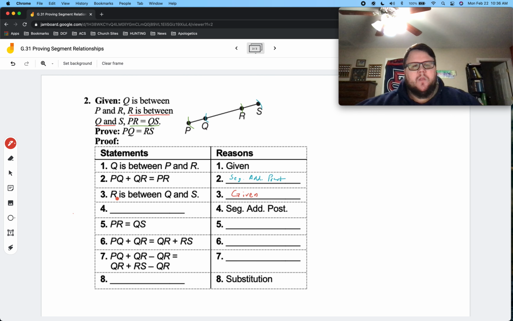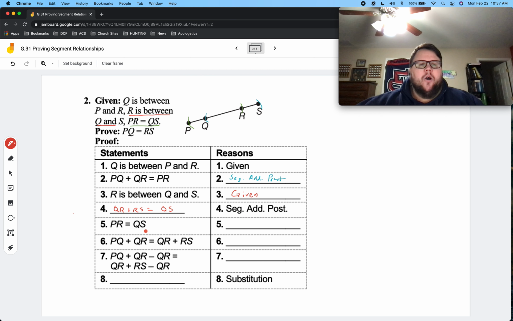So if R is between Q and S, and they want us to use segment addition postulate, our statement is going to be QR plus RS equals QS, because we're showing that R is between them. So we use the segment addition postulate.